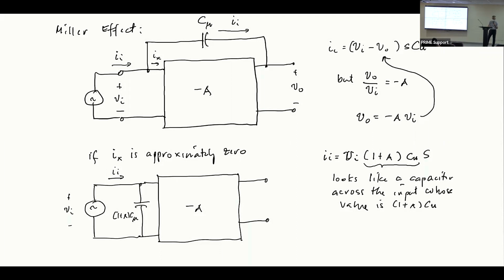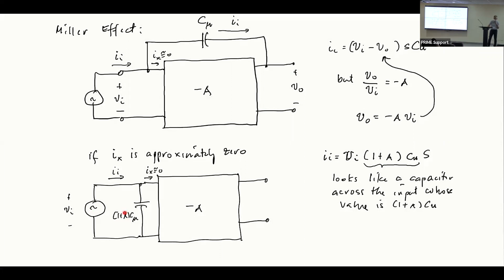Assuming that I sub X is equal to 0, which is the same here. Hindi ba I sub I is just V sub I multiplied by 1 plus A S C mu? Right? So I get the same thing.